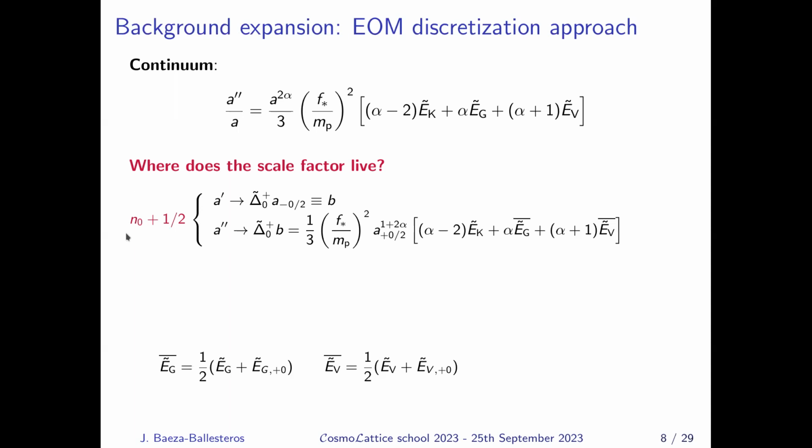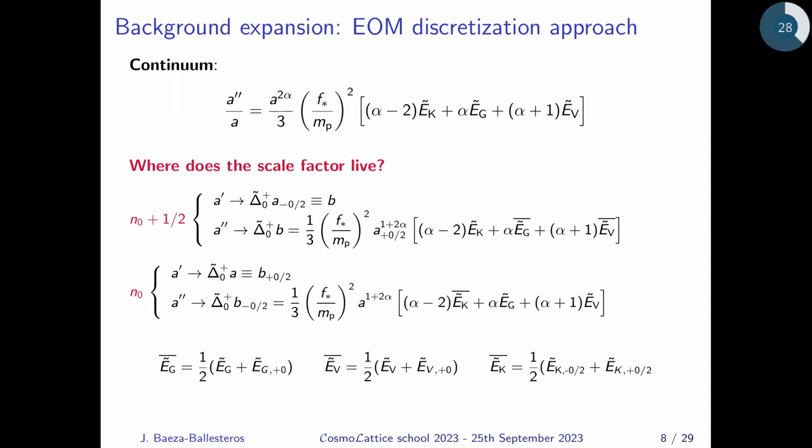However, there's also the other option. We can also do the opposite, meaning that we can also define the scale factor to live at integer times, and then its time derivative will be defined at semi-integer times, which is this b factor here that now lives at some time plus a half time step. And then the second time derivative will be sourced by the lattice version of this equation of motion.